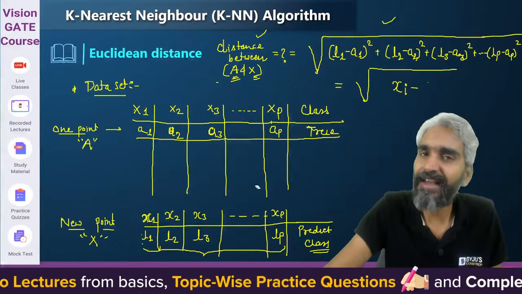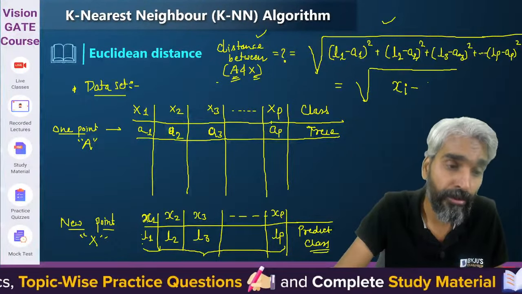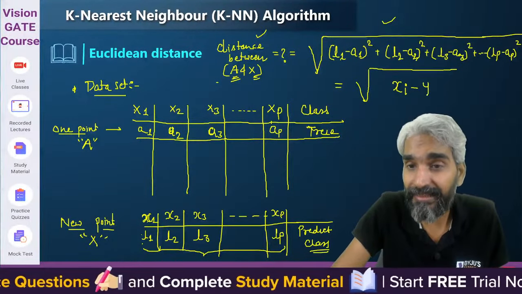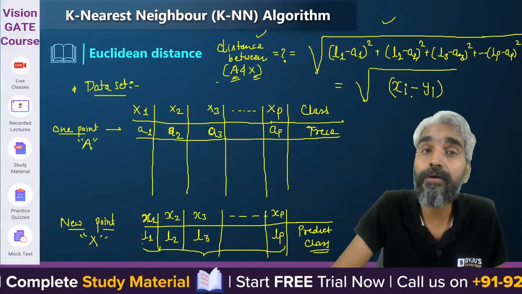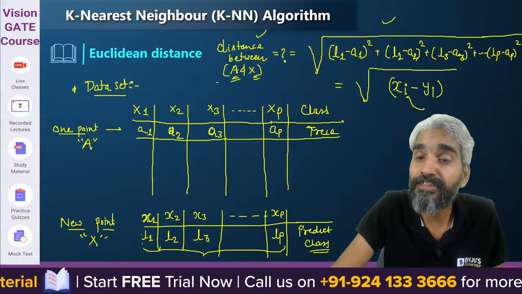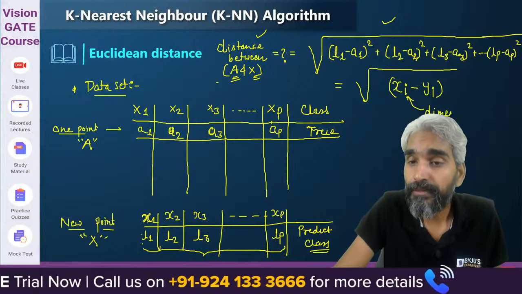This x and y are not the planes. When you read this formula at some place, don't get confused. This is xi and this is yi. We are not talking about the x dimension and y dimension. This i is the dimension.